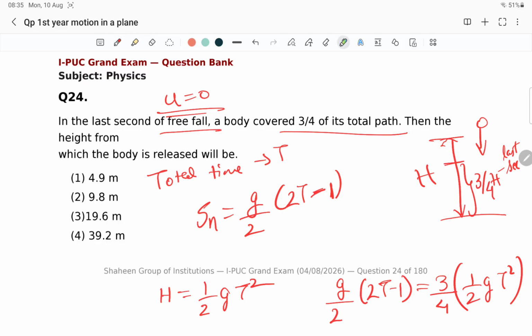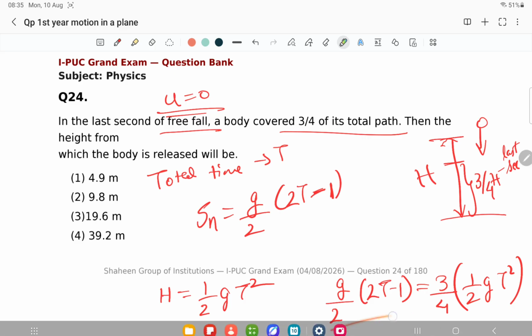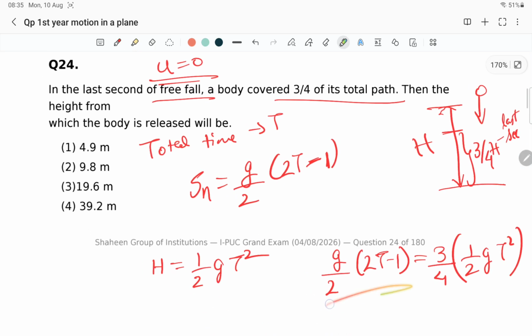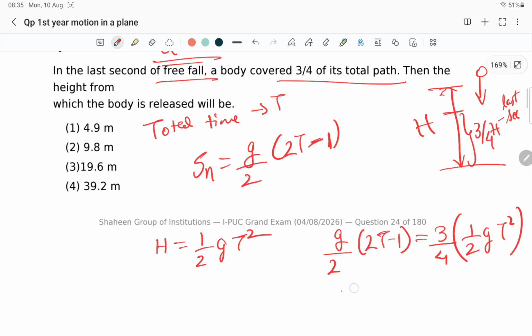The last second is g by 2 into 2t minus 1. 3 by 4th of the total distance is half gt square. So using this equation, now you can solve. When you solve this equation, t you will get as 2 seconds.